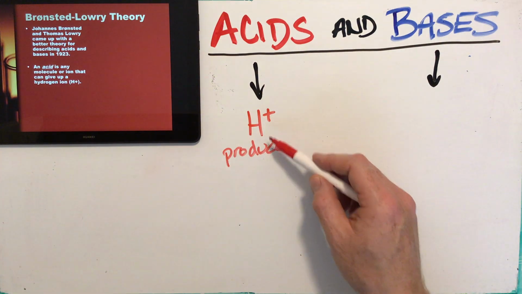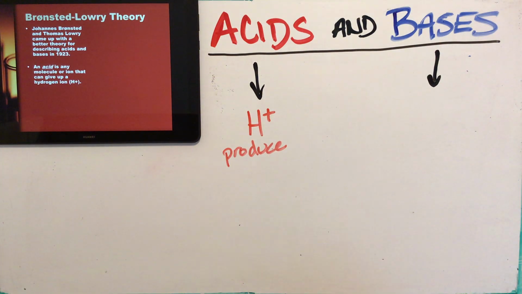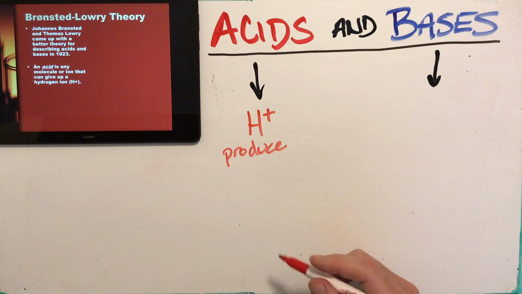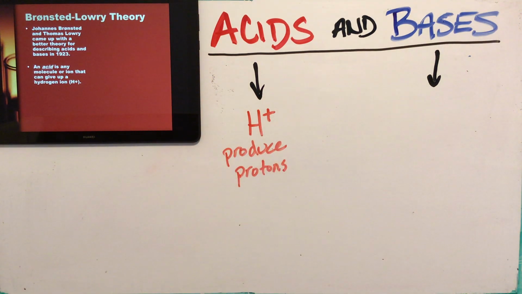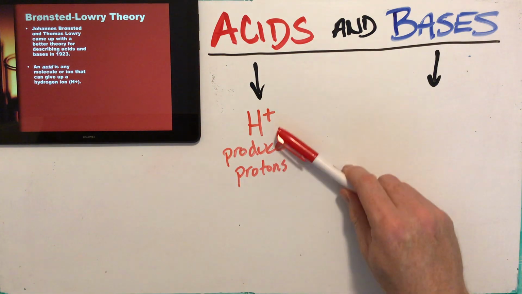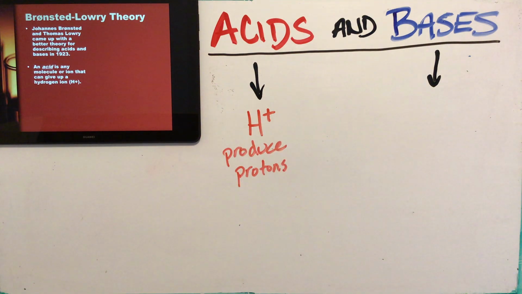Acids give away protons because we know a hydrogen ion is a proton. So acids produce protons and they can go and join other things. If protons were money, you'd love acids because they go around just throwing out money all the time. A good acid gives off lots of protons. So protons are $5 bills or $10 bills. An acid would walk down the hallway giving everybody $5 or $10.